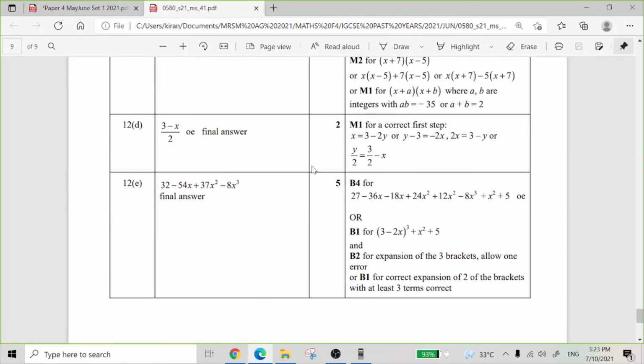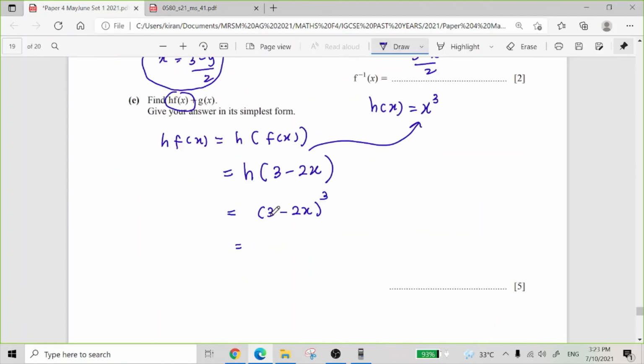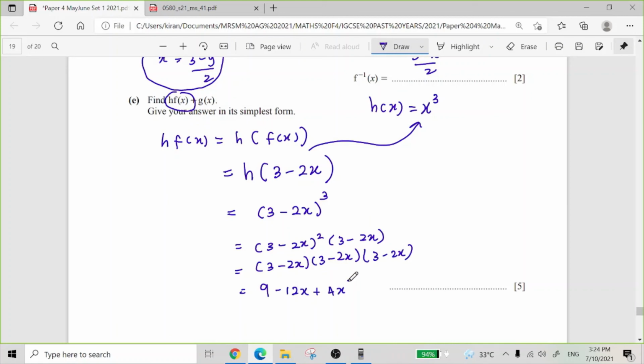Awak kena buka dia. Tengok ni 5 markah. Jadi you kena expand dia. So macam mana nak expand? Kita pecahkan square. Okay. So this one awak square kan macam biasalah. 3 minus 2x, 3 minus 2x. Okay. Kira dulu satu-satu. So, kita dapat 9 minus 3 times 2 is 6. 6 times 2 is 12. Negative 12x. And then plus with 4x square.